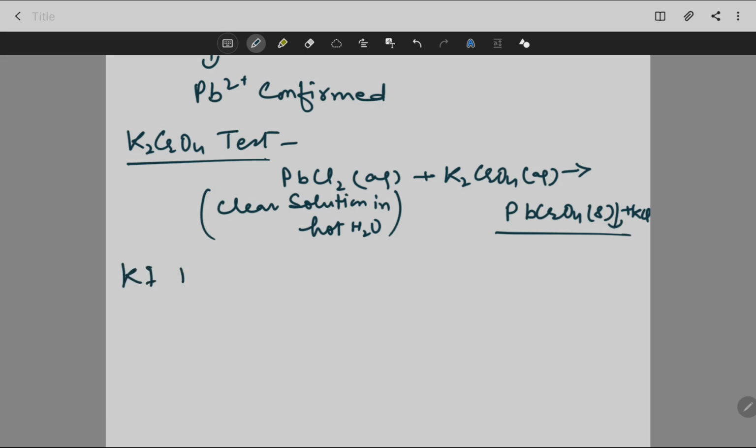Now what is the chemistry behind the KI test? There also we are taking the same PbCl2 aqueous clear solution, and to it we add potassium iodide solution. What are we getting?